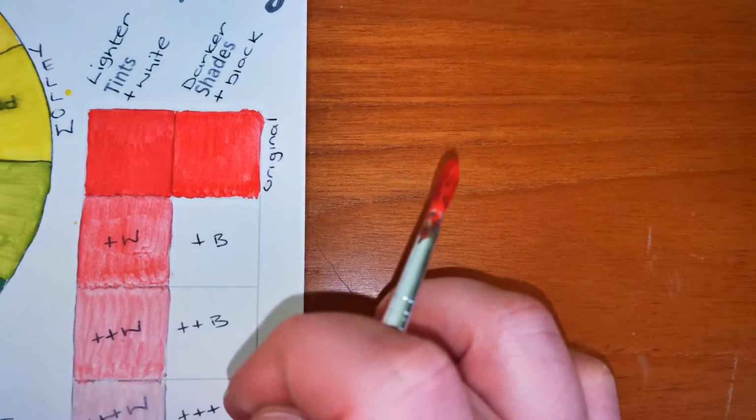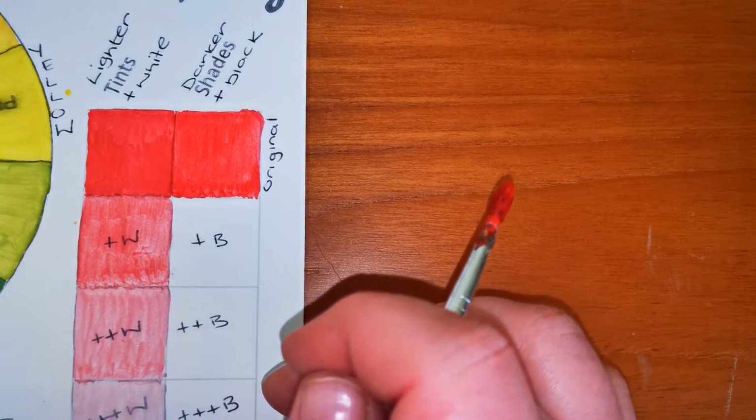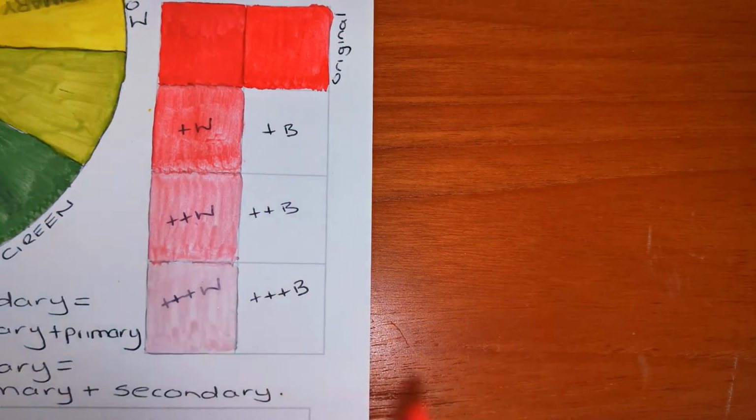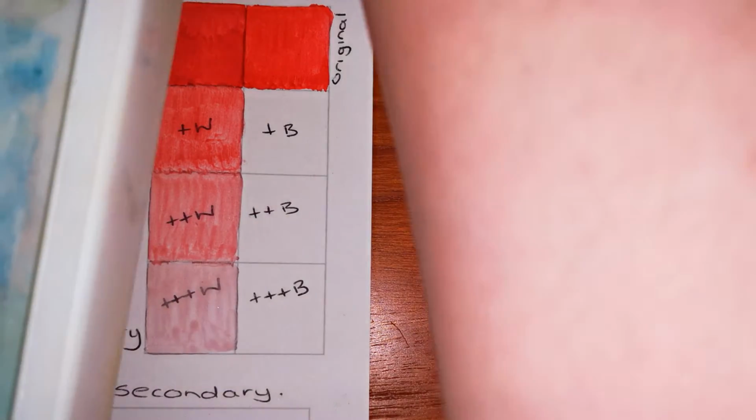And then I'm going to add more and more black. This one's a little bit easier than the tints. So for a shade, I'm going to start off with lots of my original colour. So I'm going to scoop that red and roll.